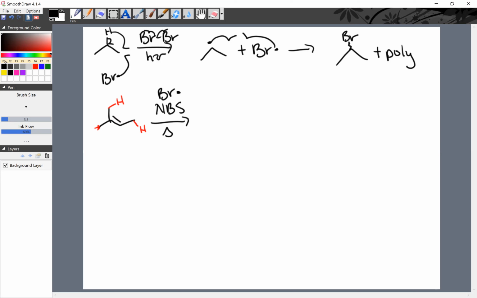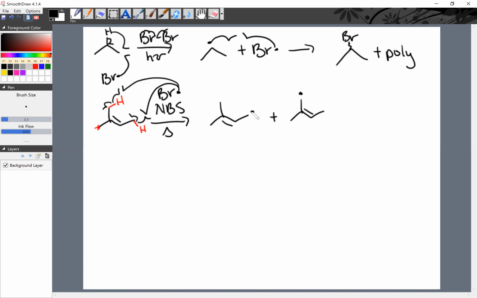So if I take this one versus this one, let's take a look at the two possibilities. There's one, and there's two. Anytime you go through an intermediate, look out for rearrangement and resonance.